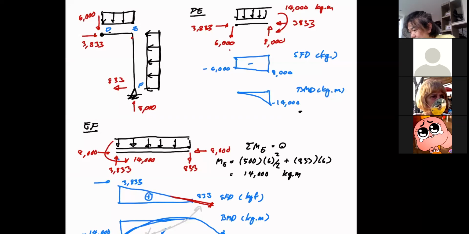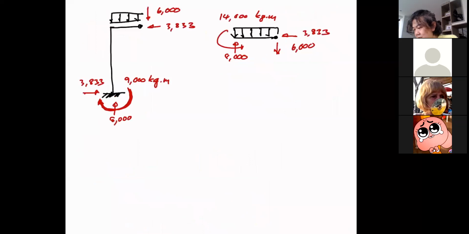This 1400 comes from EF, okay? Because we have it from DEF, we already have that on DE, EF, I mean. And this piece, member BC, is pretty similar to DE, so I'm just gonna skip that, okay?